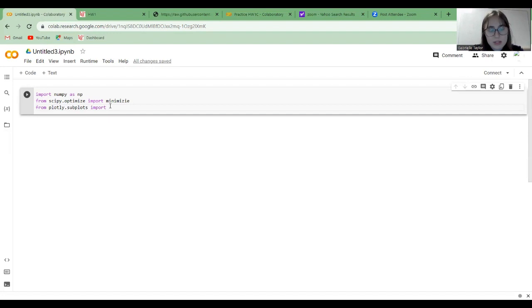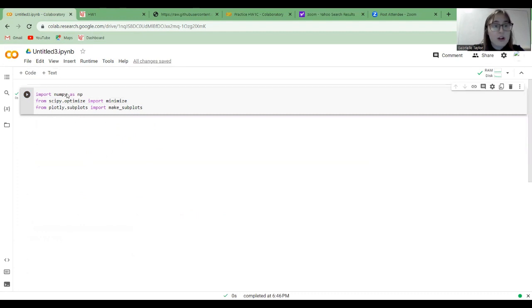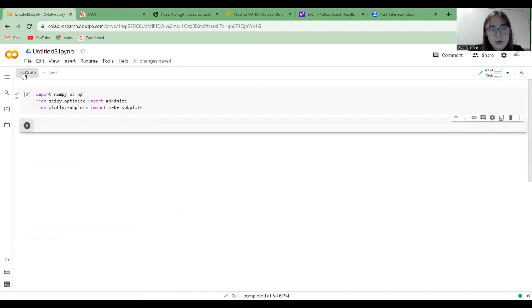So we're going to import make_subplots. Okay, so let's see if these work. See if I spelled everything right. I think I spelled minimize wrong.